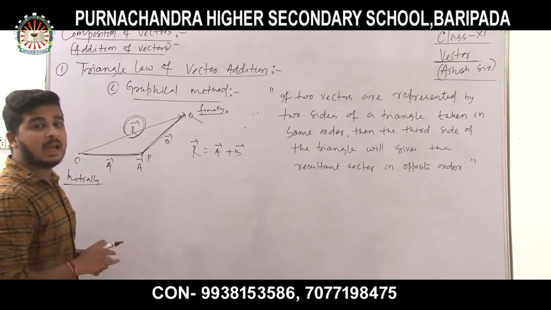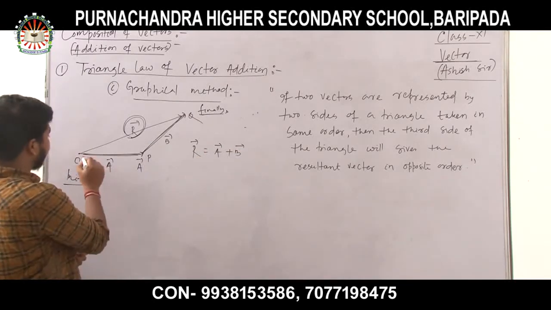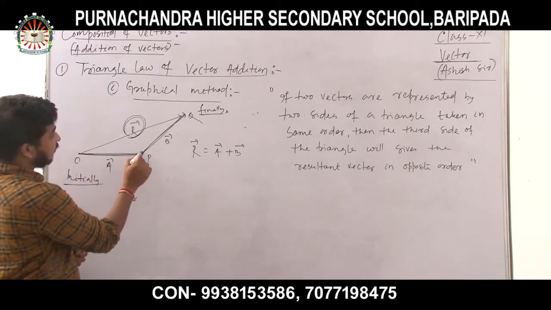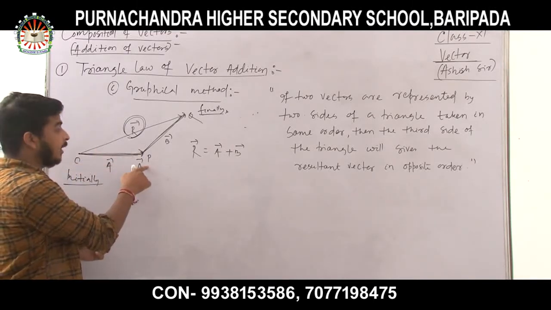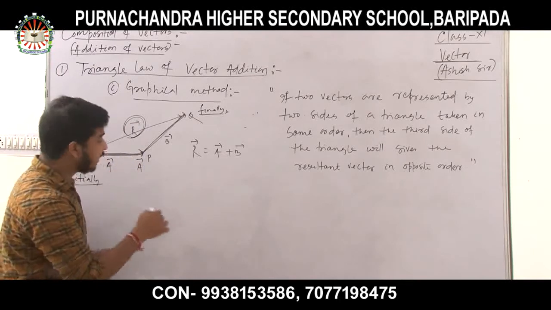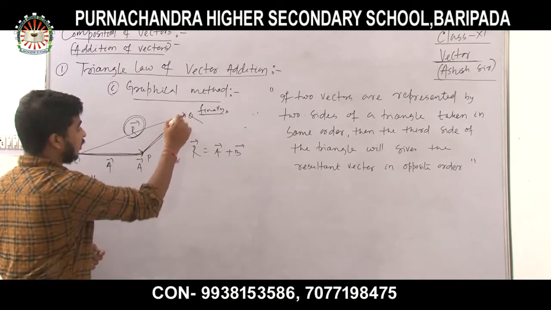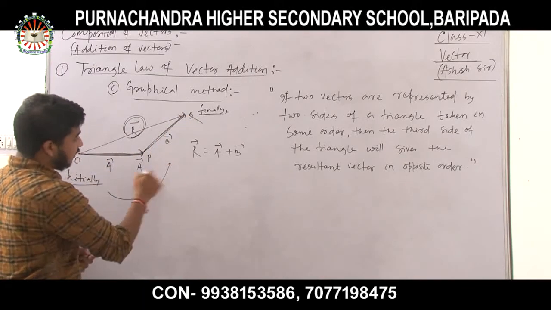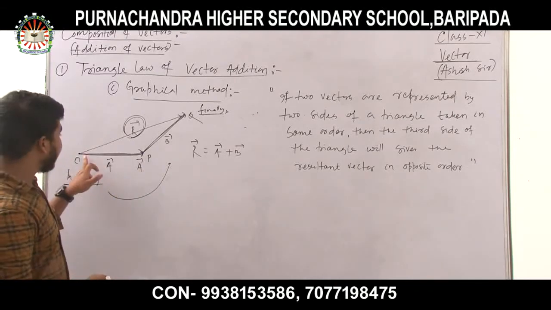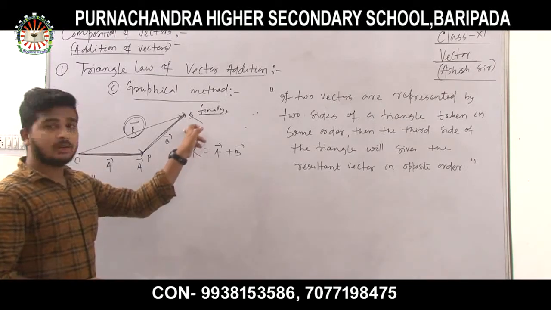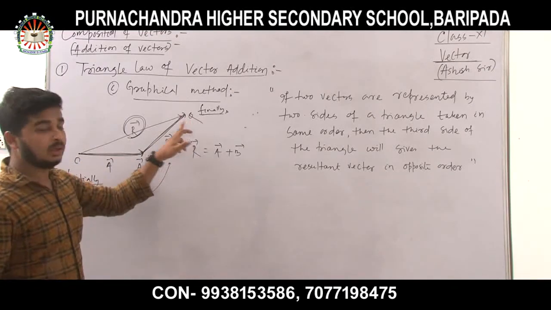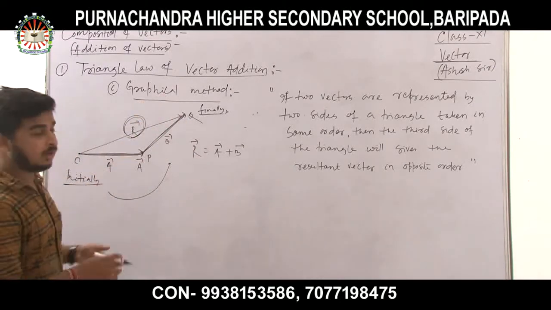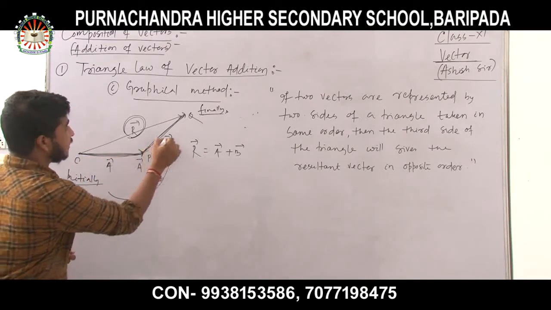So what is same order? Same order means, look, this vector starts at point O and ends at point P, and this pattern continues from P to Q. It means there is a continuous sequence of vectors from O to P and P to Q. This is the same order because the direction is in the same order.